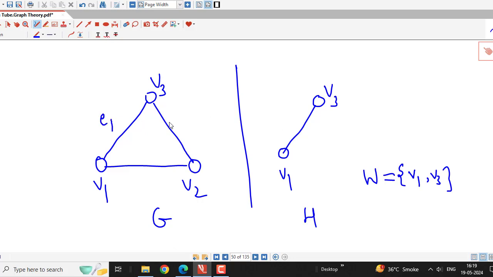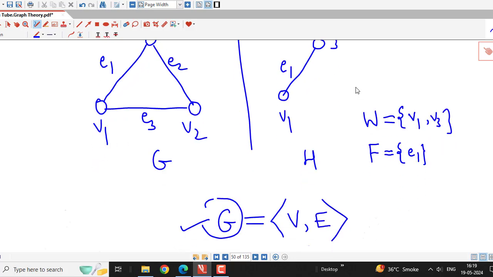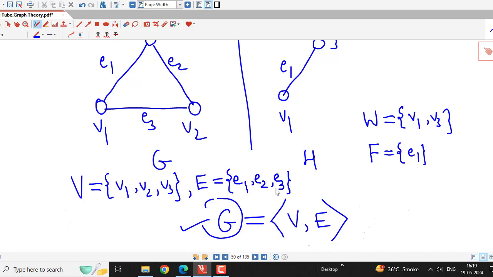Suppose edges are denoted by E1, E2, E3 in G, then here we have taken edge E1. So the edge set of capital H has only one edge, and the vertex set of capital G is V1, V2, V3, and the edge set of capital G is a set having 3 edges E1, E2, E3.